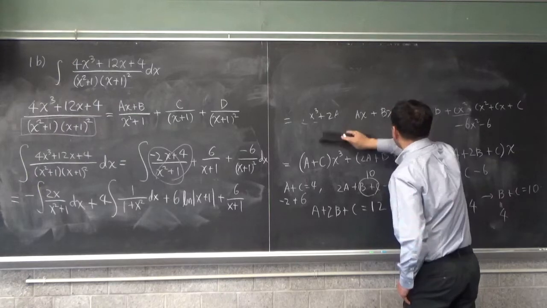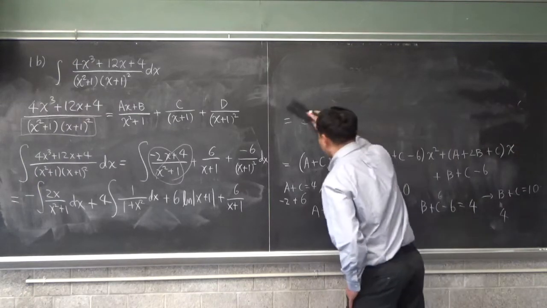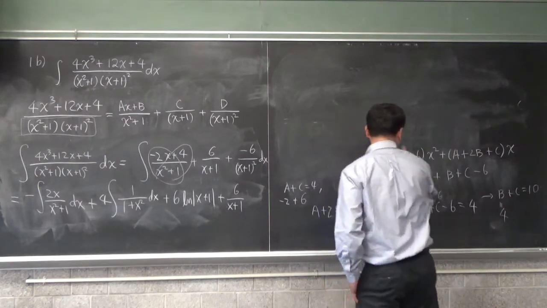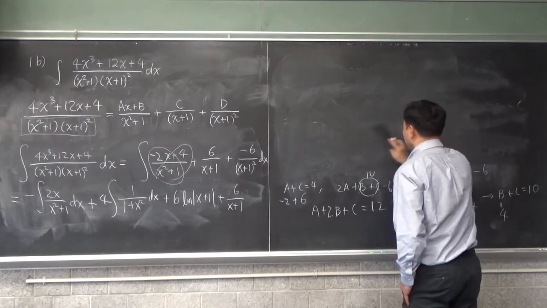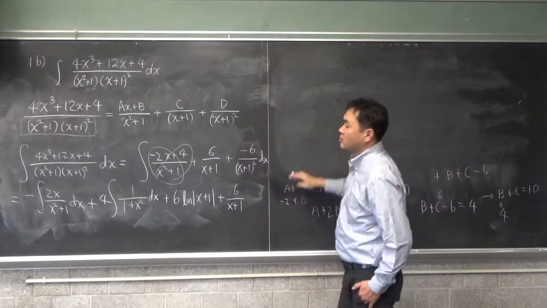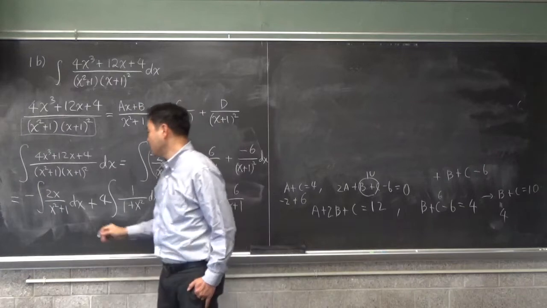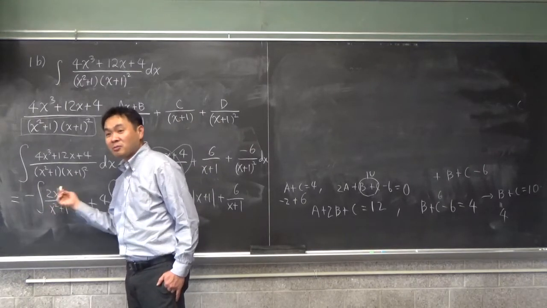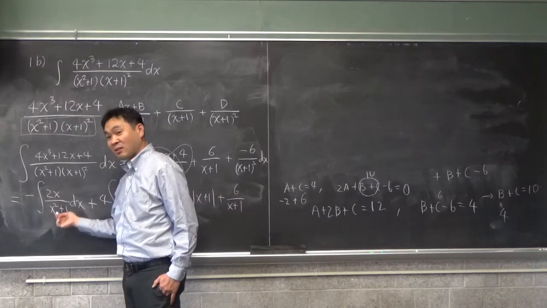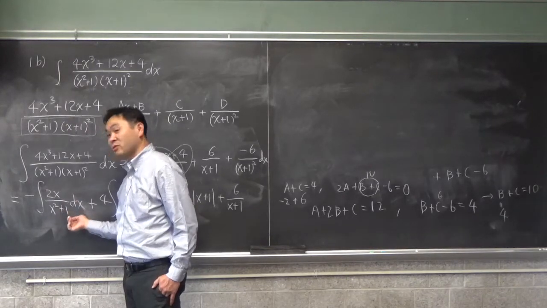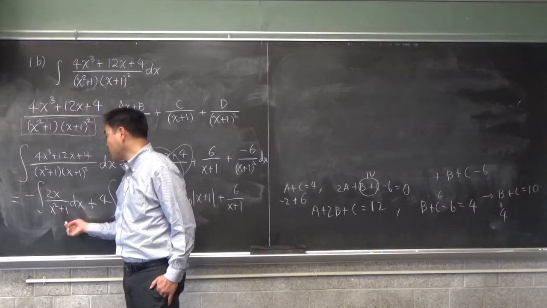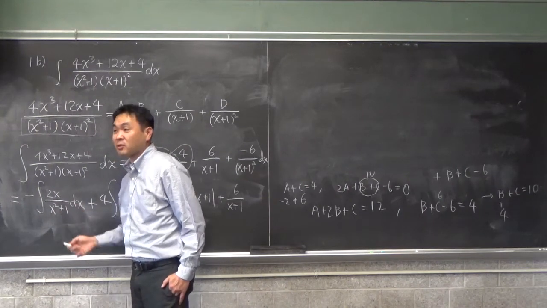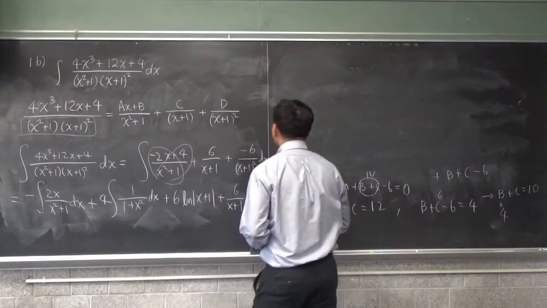Now, why did I put 2x over x squared plus 1? Why didn't I pull the 2 outside? The 2x is going to go away anyway. Why? Because if you take the derivative of the bottom, you get the top. Derivative of x squared is 2x. Derivative of 1 is 0. So this is f prime over f type. What's the integral of that? ln.